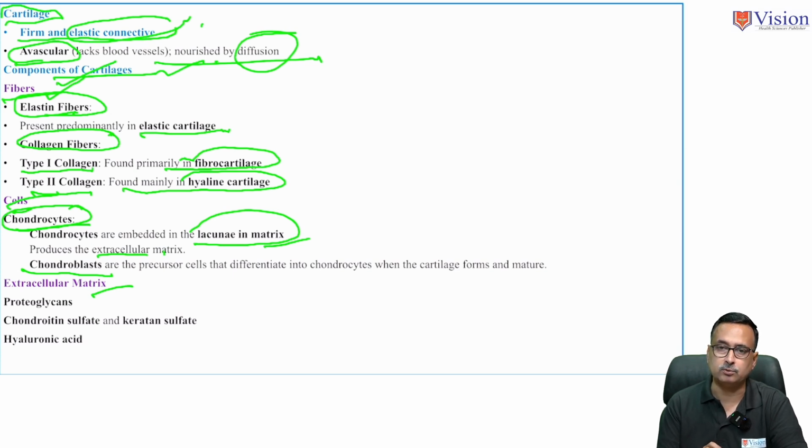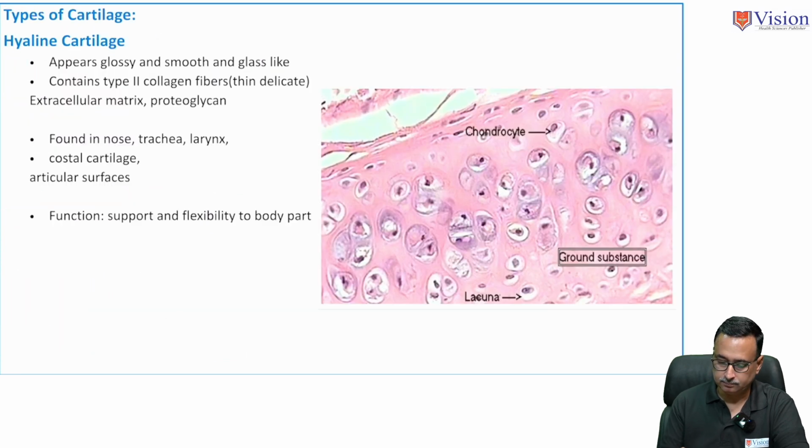These lay down the organic matrix of cartilage. So next is the ground substance or extracellular matrix. It is made up of mucopolysaccharides or heteropolysaccharides named hyaluronic acid, keratan sulfate, and chondroitin sulfate. These combine with protein to form proteoglycans.